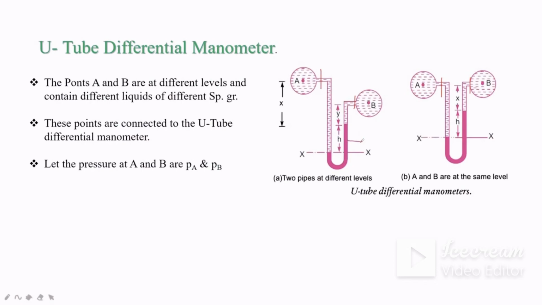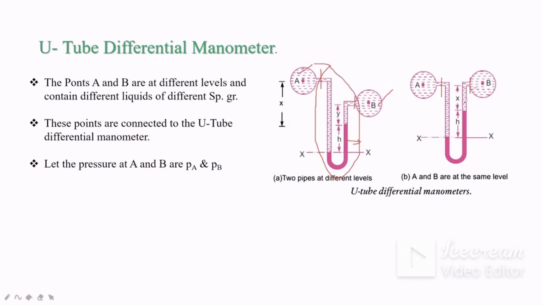This is the heavy liquid only. This liquid may be the same or it may be different, that is another case. Now these points where the pressure is to be measured are connected to the U-tube differential manometer. Let the pressures at A and B be PA and PB.